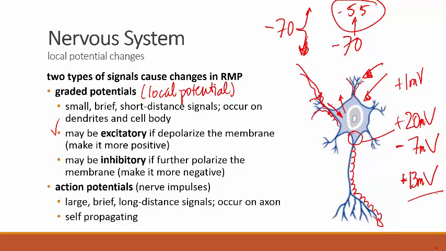So the job of the axon hillock is to add up the excitatory, subtract the negative or inhibitory transmission, and if it's enough to create a plus 15 change in membrane potential, then we can see an action potential being stimulated and sent along the axon.